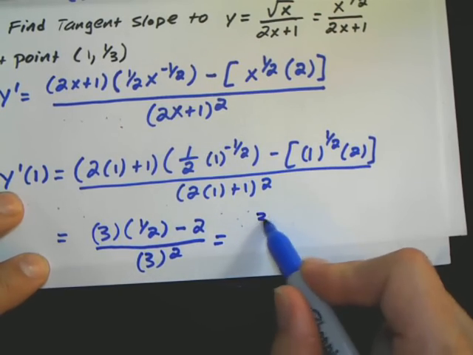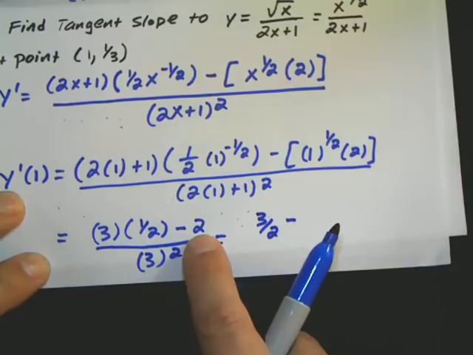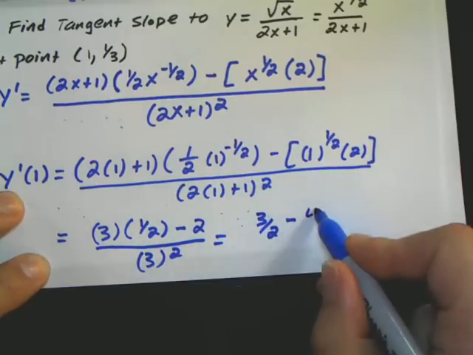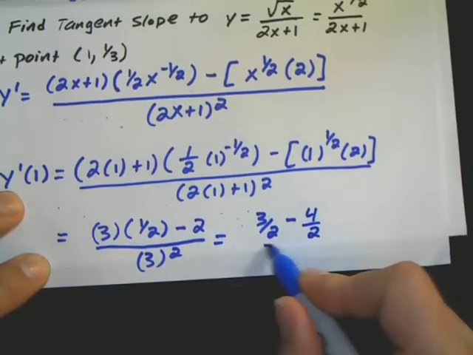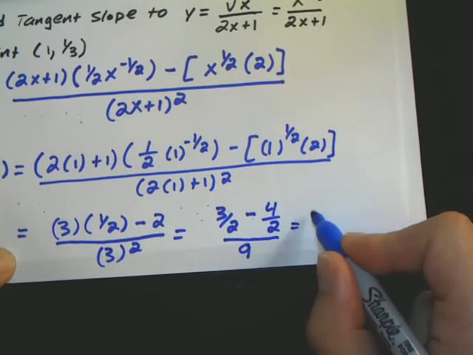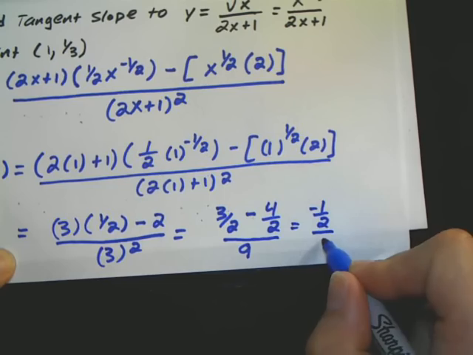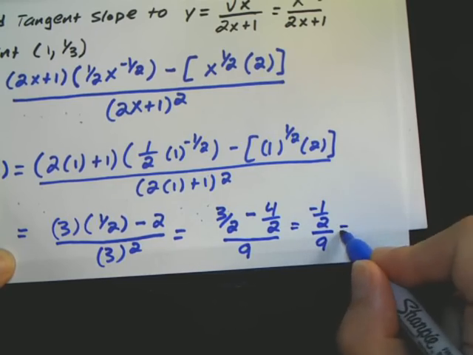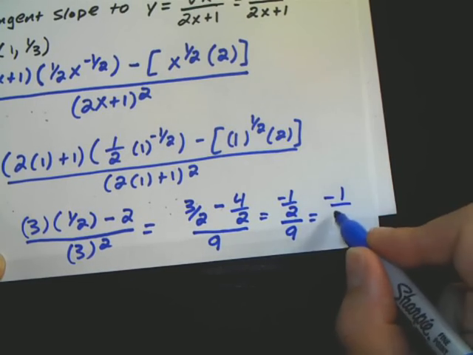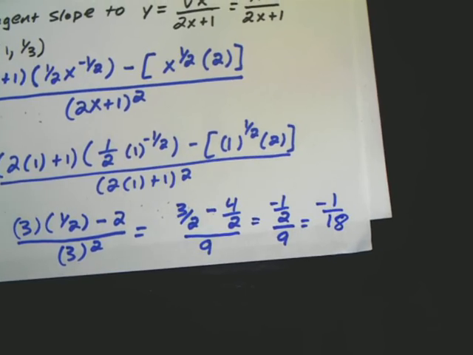And simplifying this some more, this is going to be 3 over 2 minus, to find a common denominator, I put this as 2 over 1, so it's going to be minus 4 over 2, all over 9, and this is going to be negative 1/2 in the numerator, all over 9, which simplifies to negative 1 over 18.